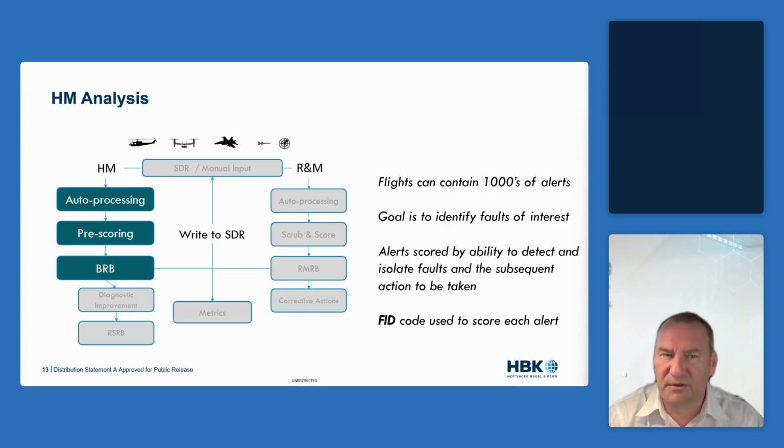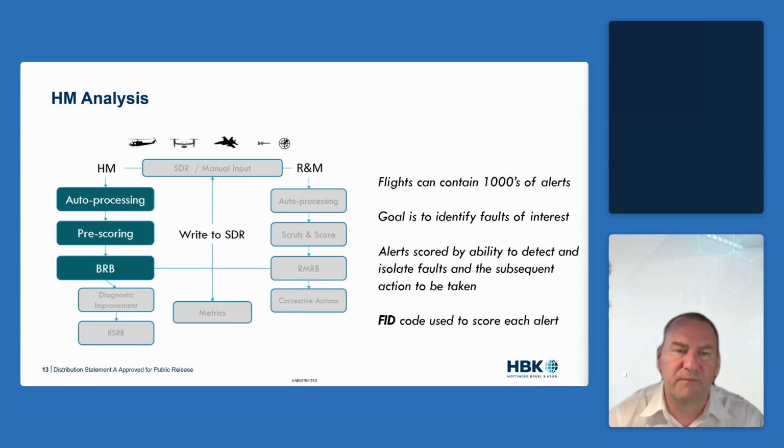What we're trying to do in our auto processing is identify specifically those alerts we're interested in, the ones that are related to maintenance. A lot of what we do is take those thousands of alerts and reduce them down to the handful that are truly important to us. We do this with what's called a fault isolation detection code, or FID code.